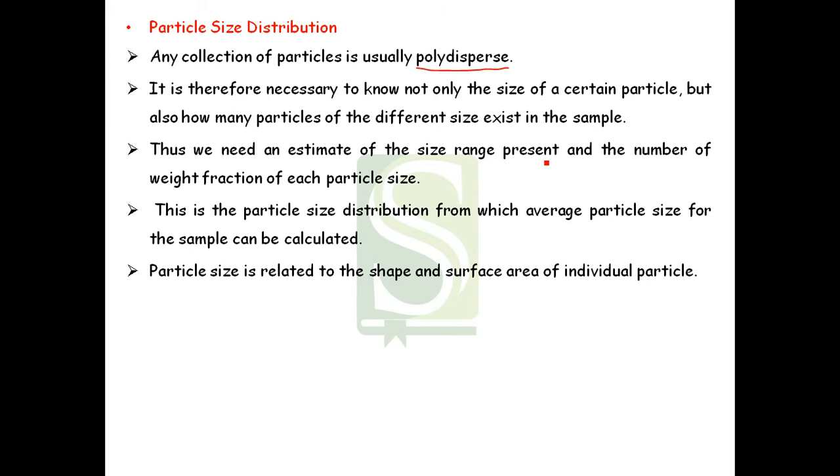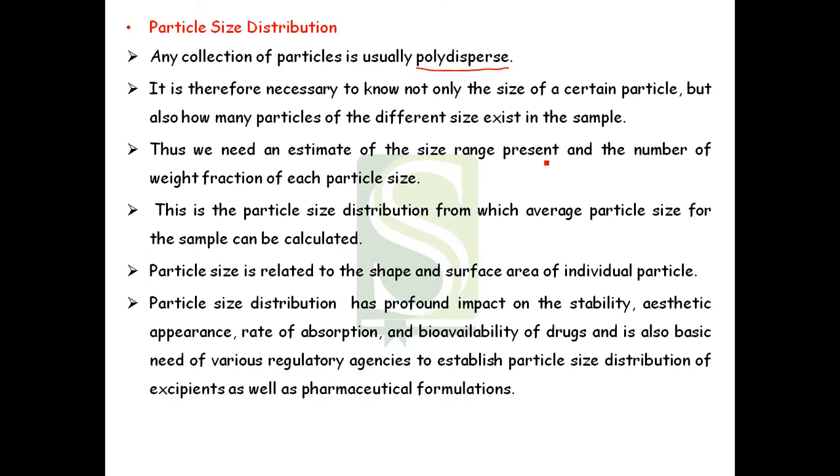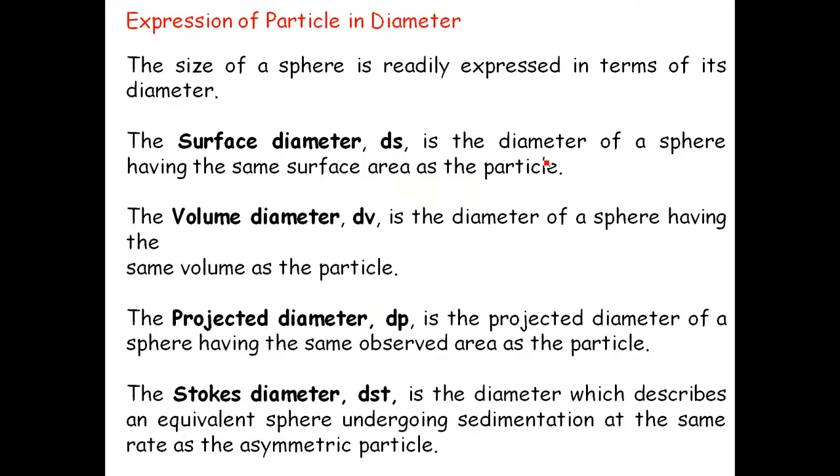Particle size is related to the shape and surface area of the individual particle. Particle size distribution has a profound impact on the stability, aesthetic appearance, rate of absorption and bioavailability of drugs, and is also a basic need of various regulatory agencies to establish particle size distribution of excipients as well as pharmaceutical formulations.